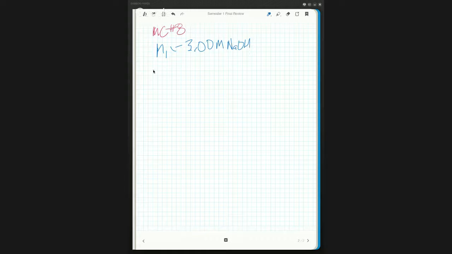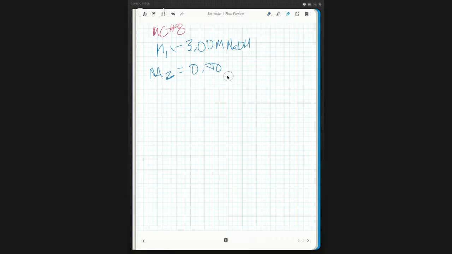Okay. And the final molarity, M2, is equal to 0.20. Oh my goodness, I cannot write this out.